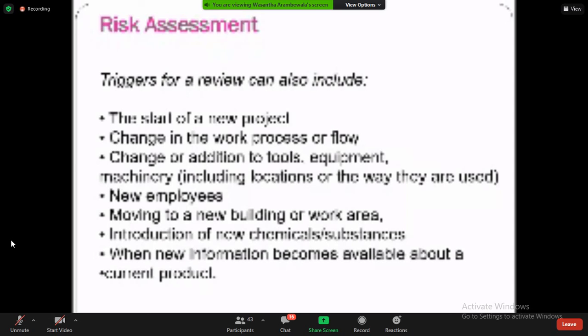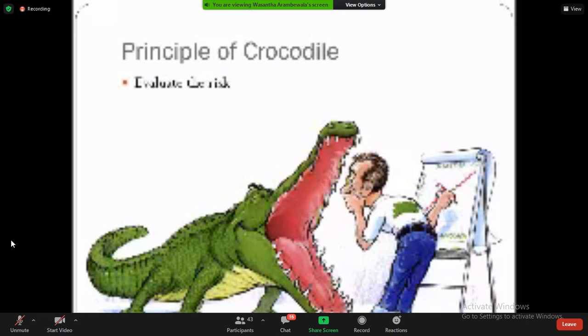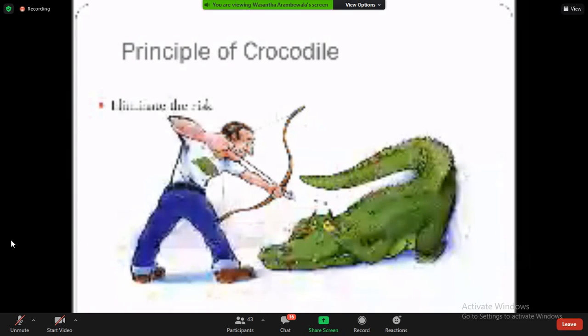What would be the severity and consequence? If it bites, you know. Then you come up with estimating the risk. Okay, right? Estimate, evaluate, then eliminate the risk. Eliminate.